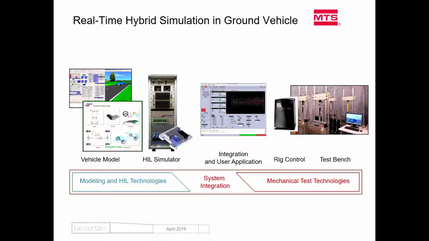The damper property will change based upon the CAN bus information it receives. So the test system has to be connected with the vehicle, the computer inside the vehicle.